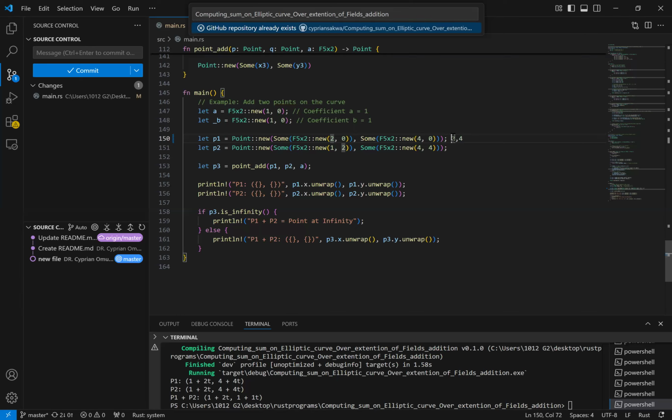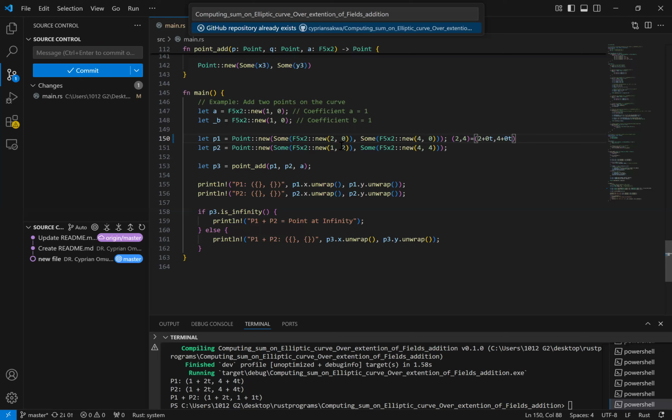Since I'm dealing with a polynomial, I'm just typing here to show you why I've entered that. I've taken the x coordinate to be 2 plus 0t, and the y value to be 4 plus 0t.